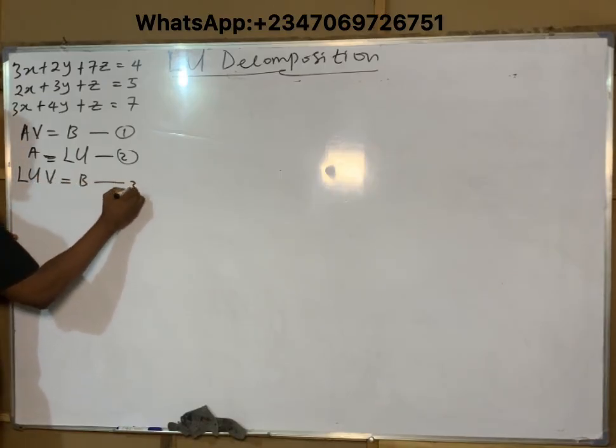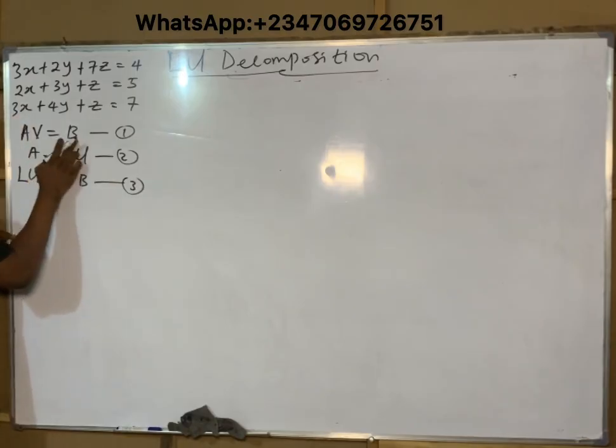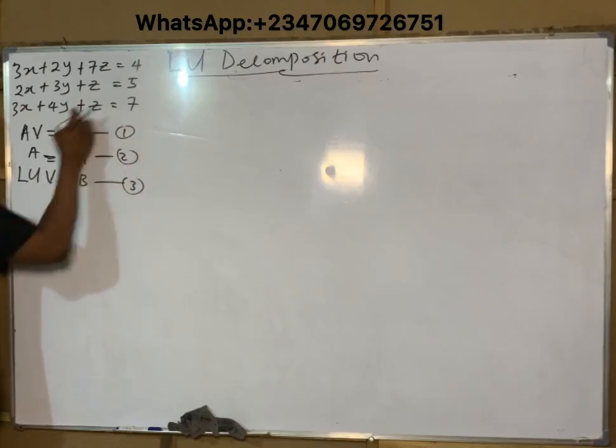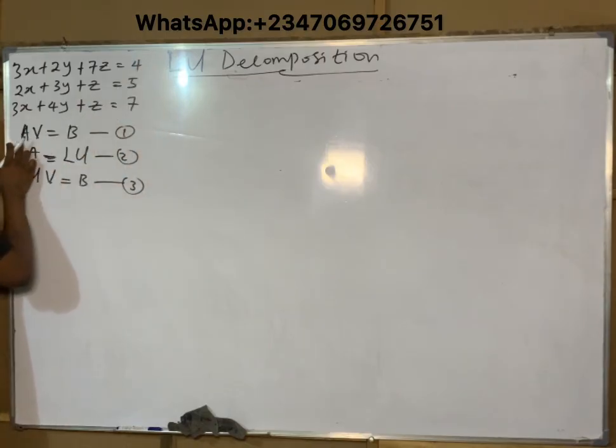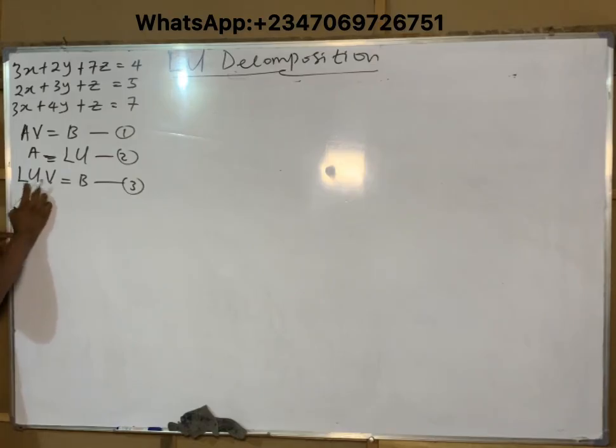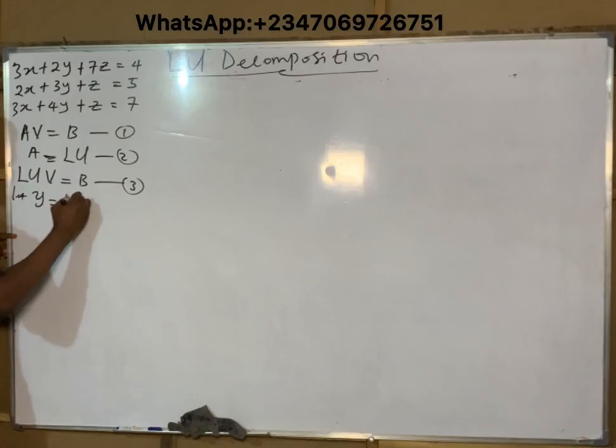This is equation 3. Now B is the constant matrix, V is the variable matrix, and A is the coefficient matrix. Please keep that in mind. Over here I said we don't want 3 matrices multiplying one another, as it becomes difficult to solve. For that reason, we simply say let Y be equal to UV.